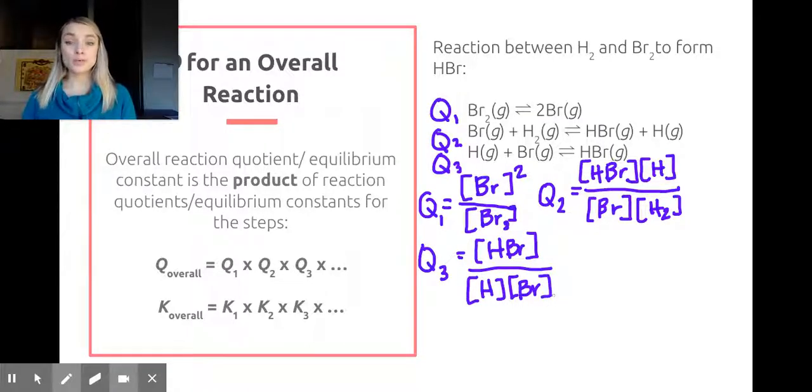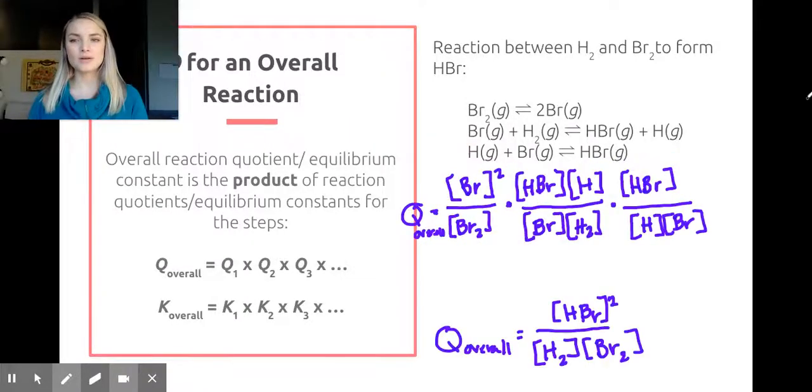So what I'm going to do is write the three of these out so that I can multiply them together, cancel out like terms that are on opposite ends of the divisor bar, and we will see if we are able to demonstrate that when we multiply our ratios for each of the steps, we end up with the overall reaction quotient, or the overall ratio of products to reactants.